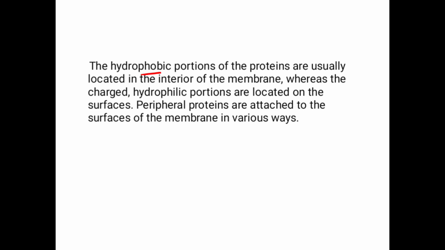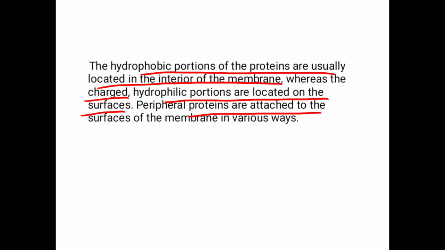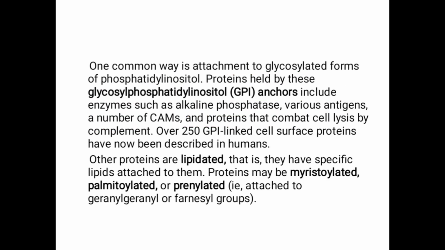The hydrophobic portions of the proteins are usually located in the interior of the cell membrane, whereas the charged hydrophilic portions are located on the surfaces. Peripheral proteins are attached to the surfaces of the membrane in various ways. One common way of attachment is through glycosylated forms of phosphatidylinositol.